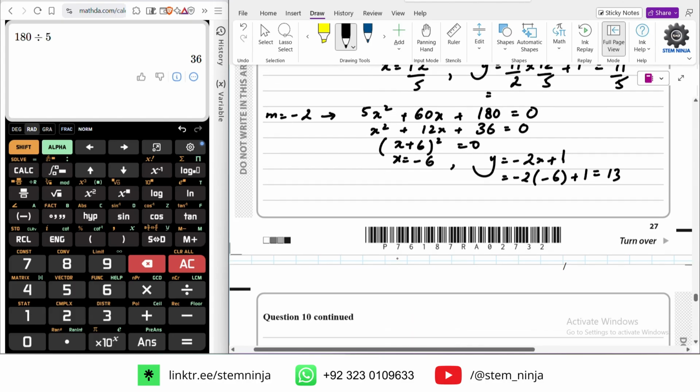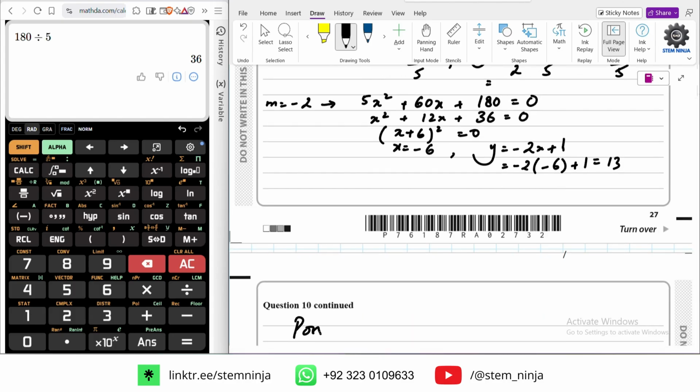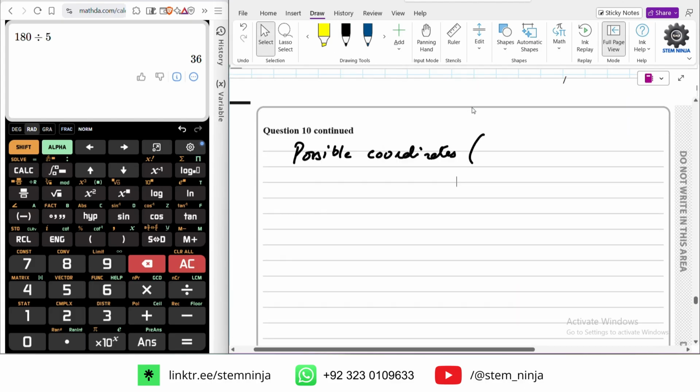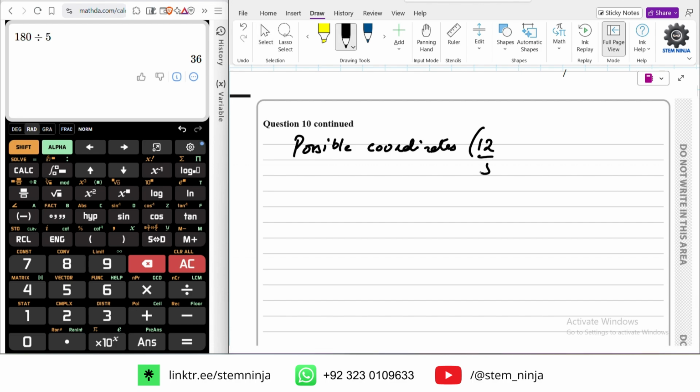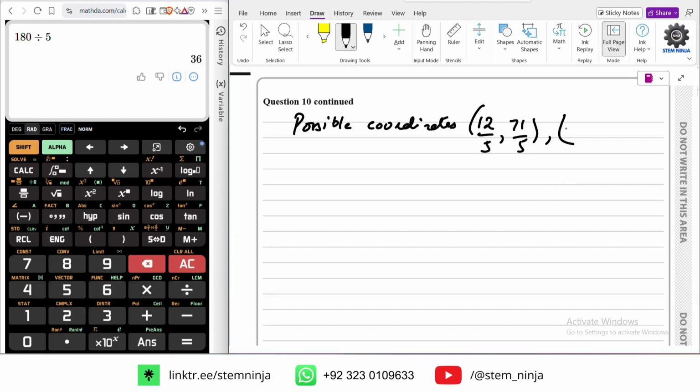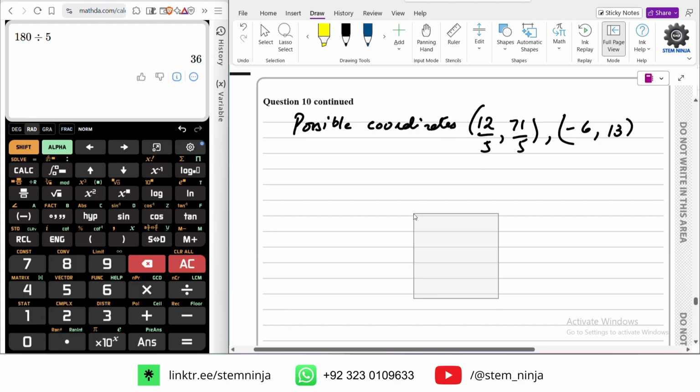So possible coordinates are 12 over 5 and 71 over 5, and the other one was minus 6 and 13. Okay, so this was a long question.